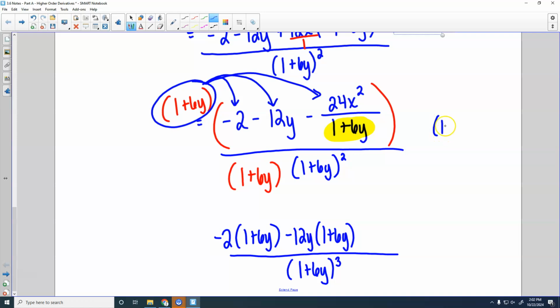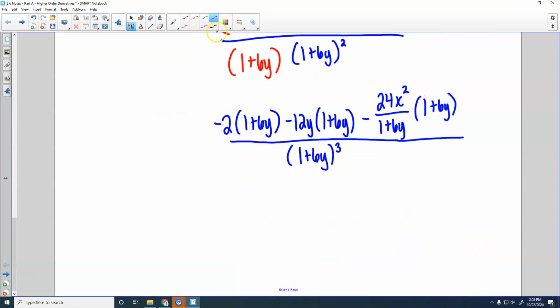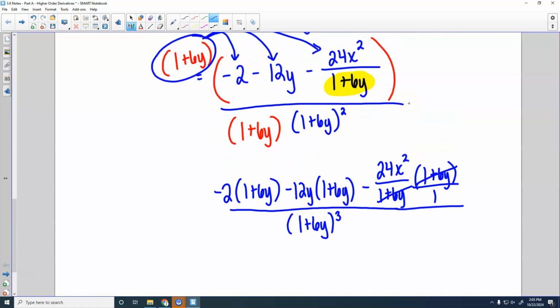So we've got minus 24x squared over 1 plus 6y times 1 plus 6y, like this. The reason that we do that is because that 1 plus 6y is like 1 plus 6y over 1, right? And now that denominator will cancel. Are we okay there? I think that's the trickiest step of this.